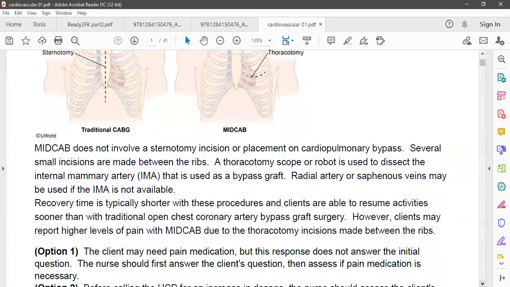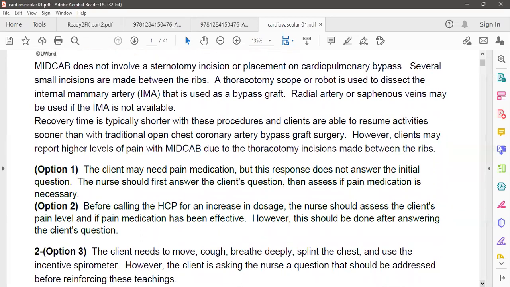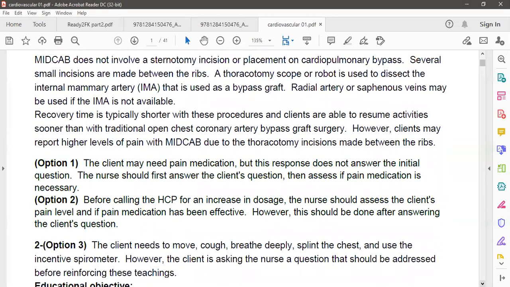When a patient asks a question, it is definitely my responsibility and accountability to answer them and make them satisfied. The coronary grafting does not involve a sternotomy incision or placement of cardiopulmonary bypass. Several small incisions are made between the ribs.